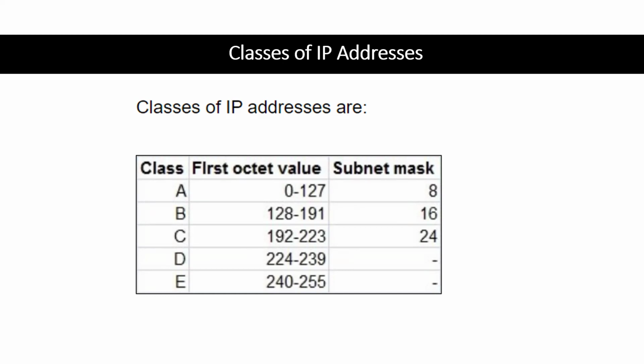We also have class D and class E. Class D, you will see when you learn about OSPF, is 224 through 239. Class E is 240 through 255.